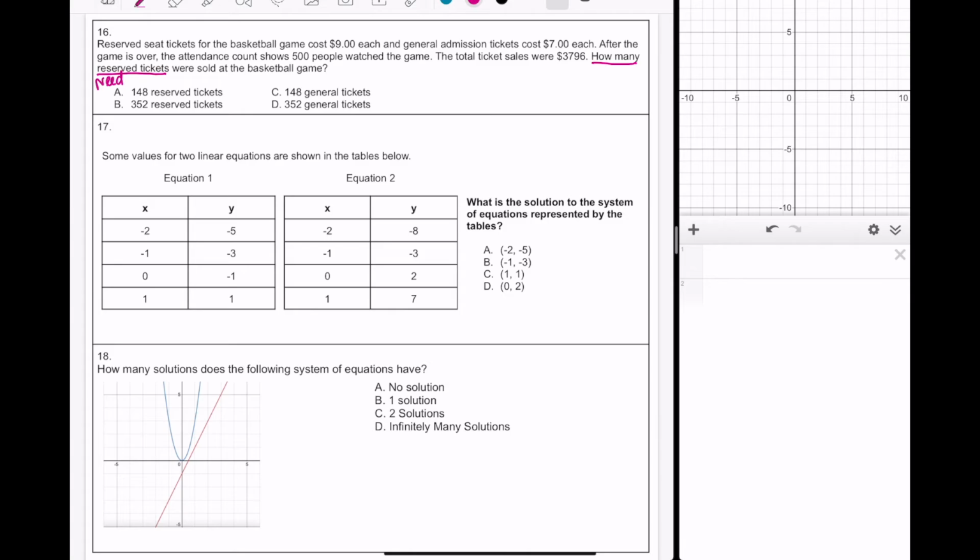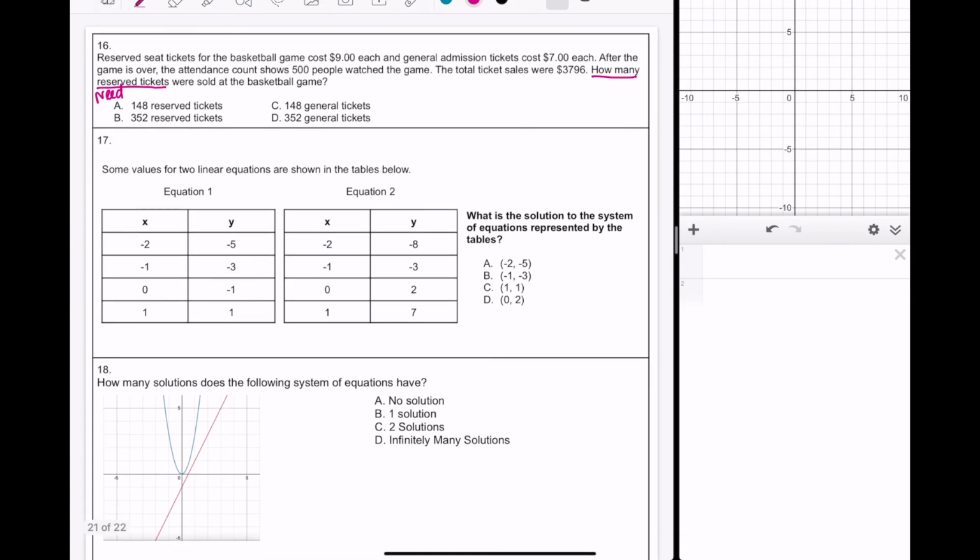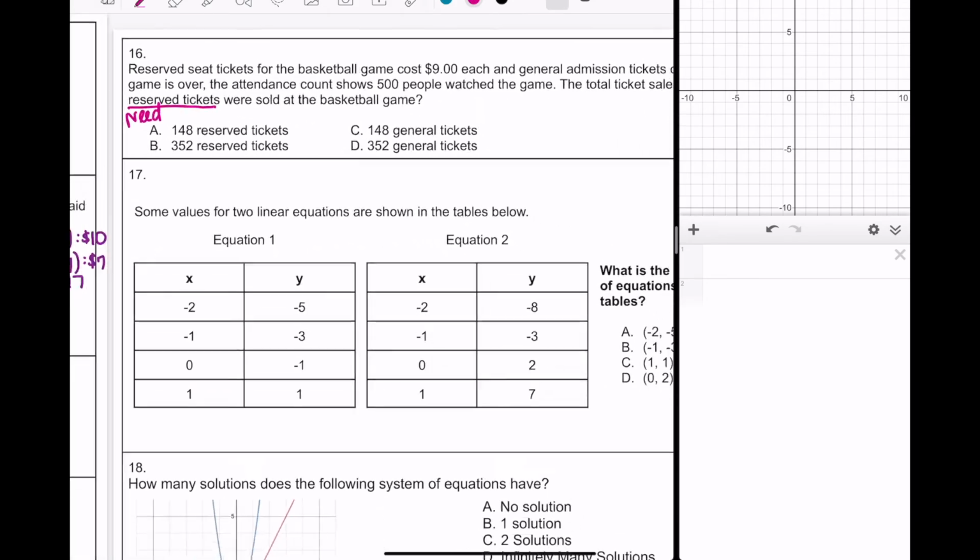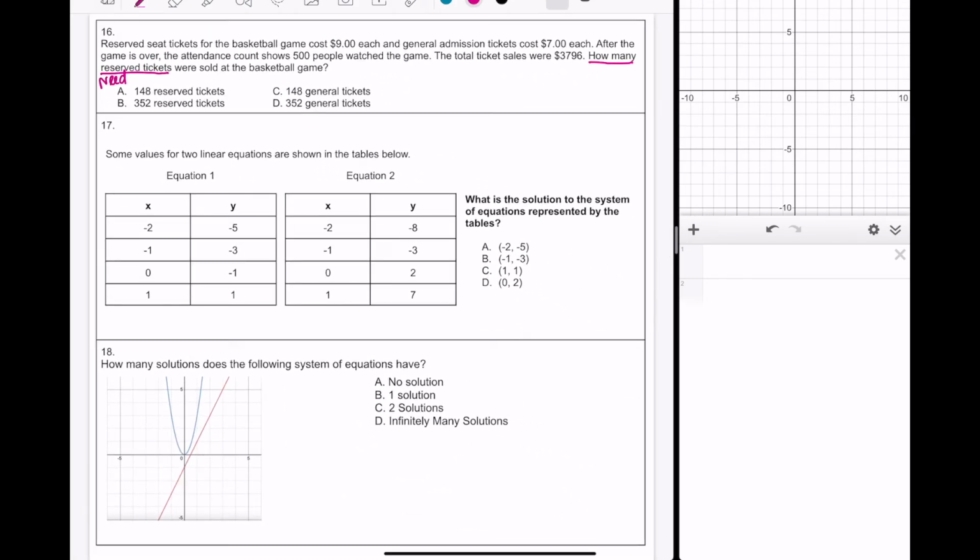So that's going to be one of our variables. Okay, so now we want to organize some of this information. All right, so there are reserved seat tickets. We're going to let that be X. And there are general admission tickets.